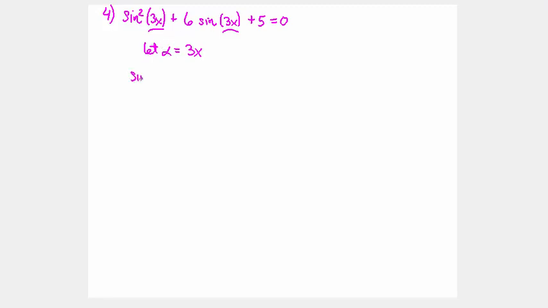That means we have sine squared alpha plus 6 sine of alpha plus 5 equals 0. Okay, but now it's in a much more familiar form where we can just factor this as a quadratic-like equation. This will give us sine alpha plus 5 times sine alpha plus 1.